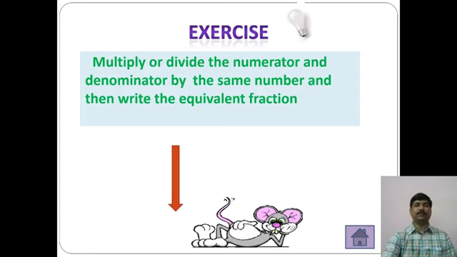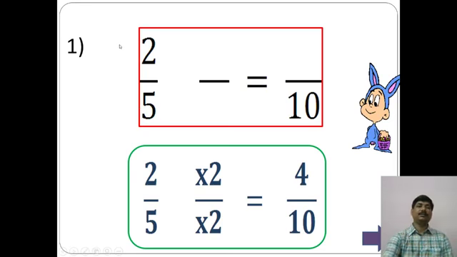Now we take some questions. Multiply or divide the numerator and denominator by the same number and then write the equivalent fraction. In the next worksheet, you have to divide or multiply the numerator and denominator and find the equivalent fraction. In the first case, the fraction is 2 upon 5.